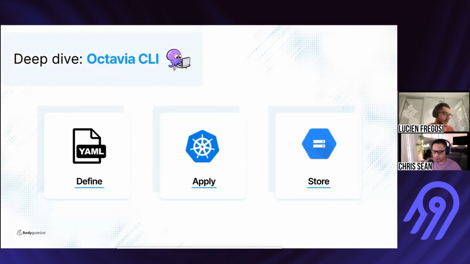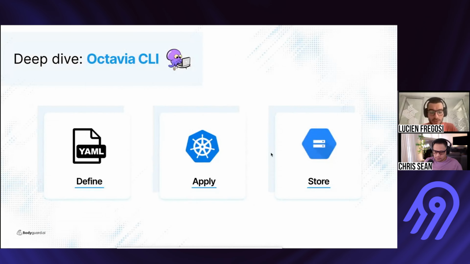Octavia is a tool to manage Airbyte configuration through YAML. So we are able to define sources, destinations, and connections like you would do in the Airbyte UI, but through a YAML file. Then we are able to apply these configurations through a Kubernetes job and also store the YAML files and the state of the Airbyte resources.